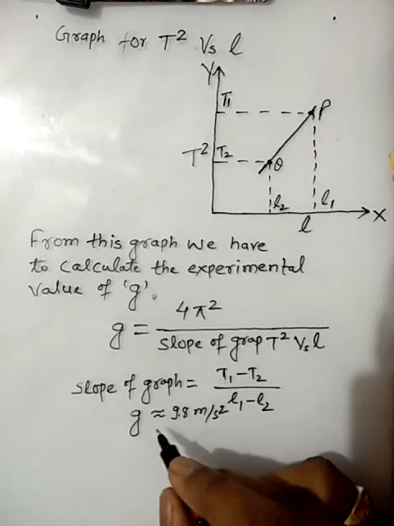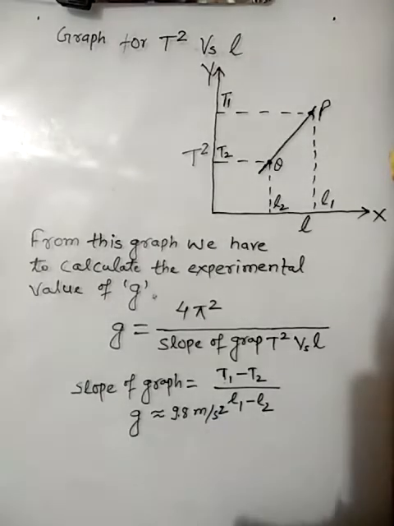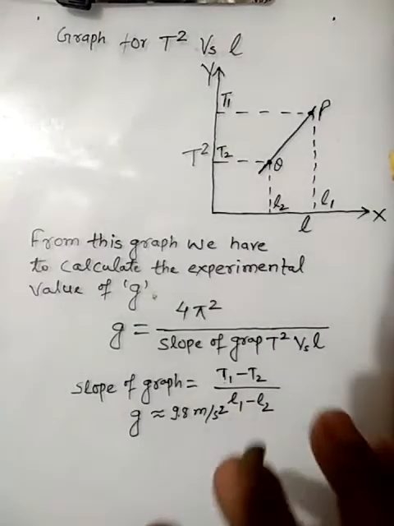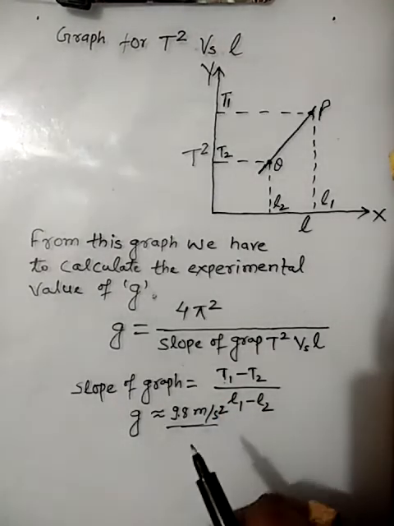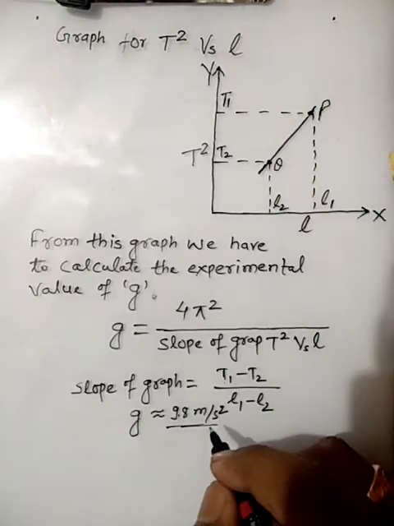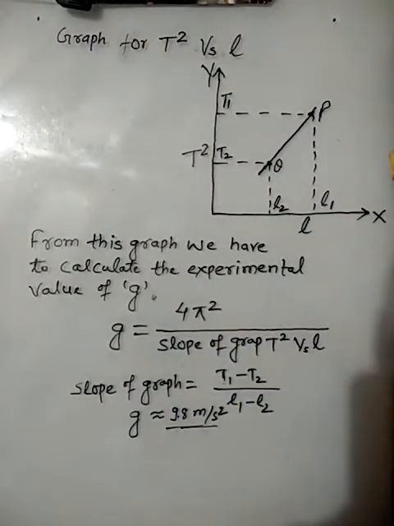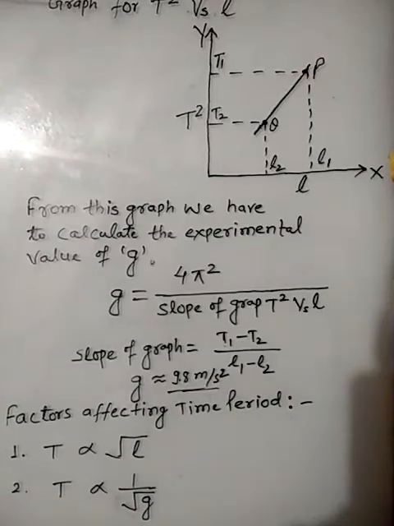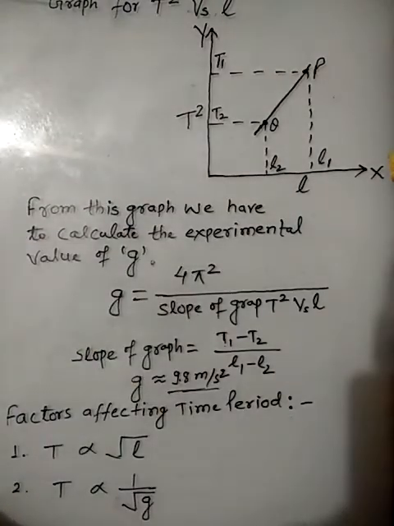As we know, the value of acceleration due to gravity is 9.8 meter per second square. This result shows the validity of the experiment.